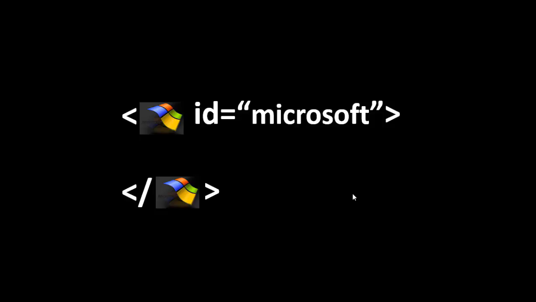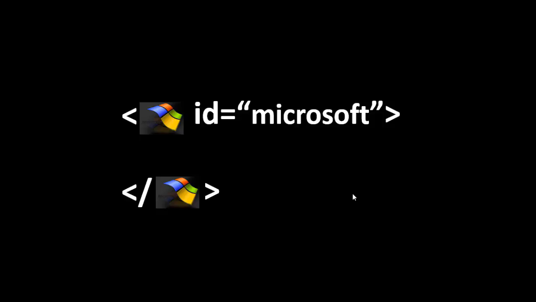Similarly, ID is a unique attribute of an element. That means it can only be used once on a page and it can only be used once by a tag. So we cannot use an ID several times on a page. We can only use it once because it is unique. It is an identity of a particular element on the page.